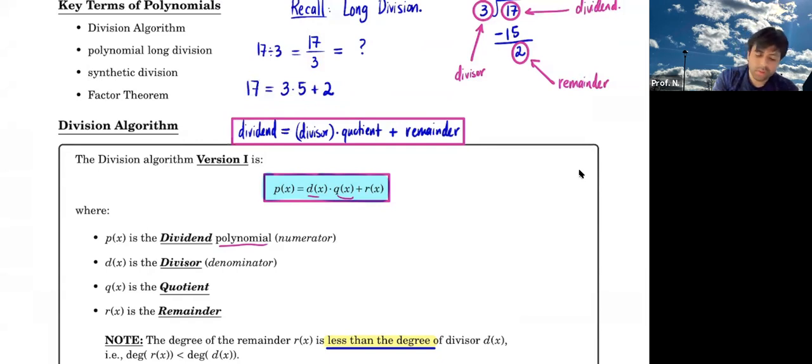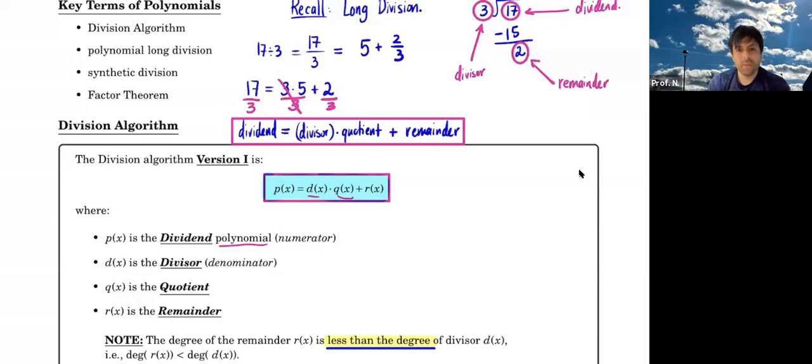Well, look what I can do. Can't I divide all of this by 3? The 3's cancel, and look at the result. What's my result? It's 5 plus 2 over 3, or 5 and 2/3. That's the mixed numeral version.